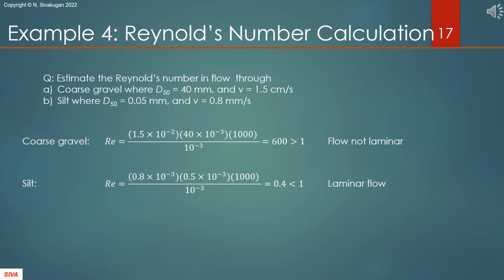In this numerical example, you can see that in the coarse gravel, Reynolds number is 600, which is much larger than the limiting value of 1 and hence the flow is not laminar. In the silt, Reynolds number is 0.4, which is less than 1, and the flow is laminar.